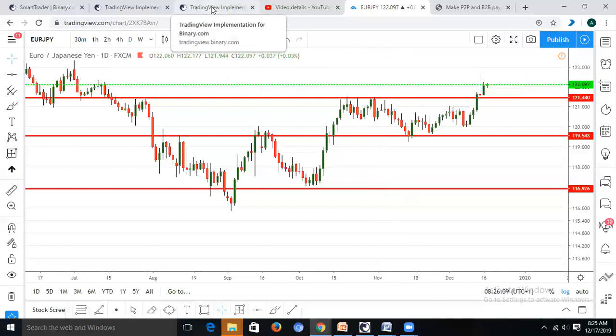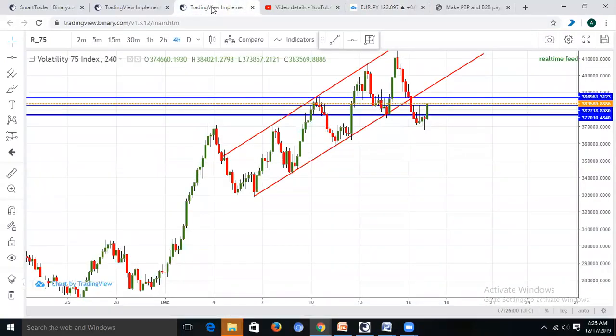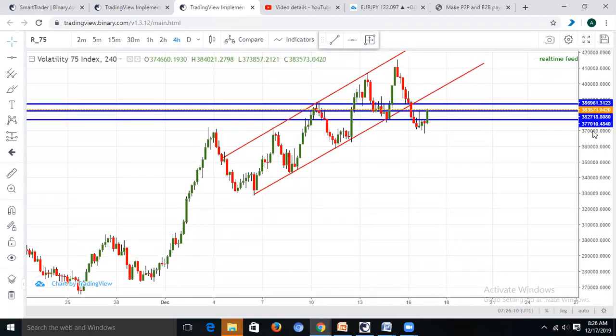Now let's look at volatility index. This is volatility index, and this is what the chart is looking at.